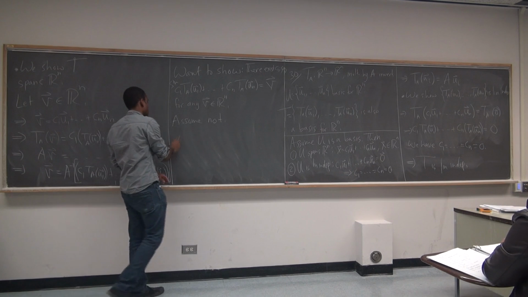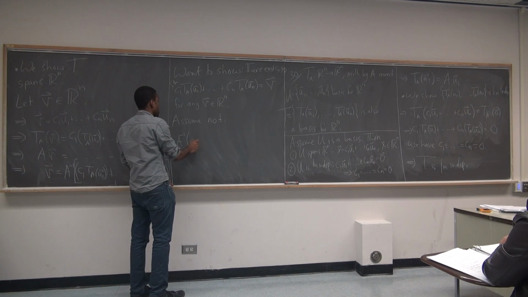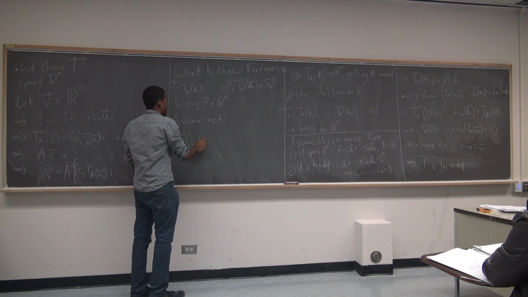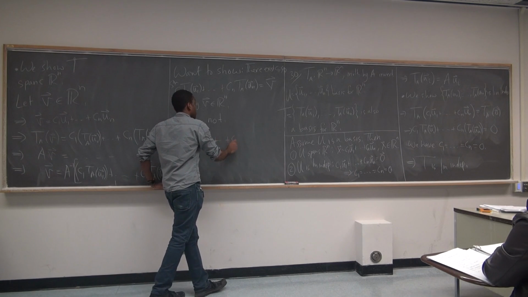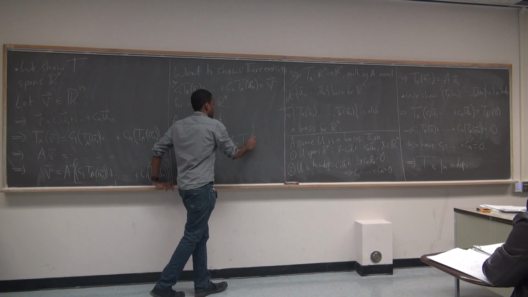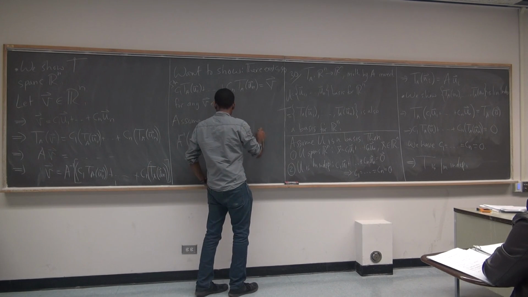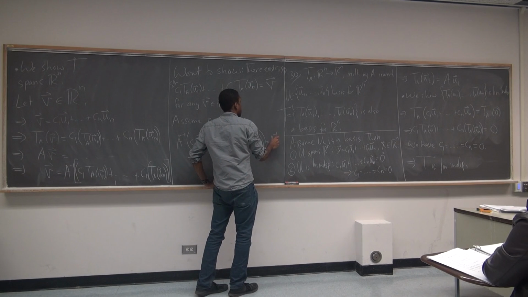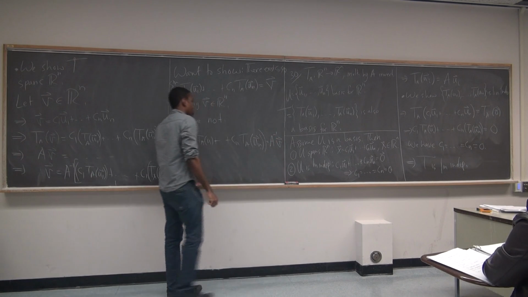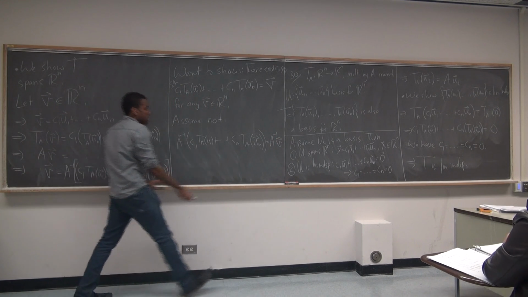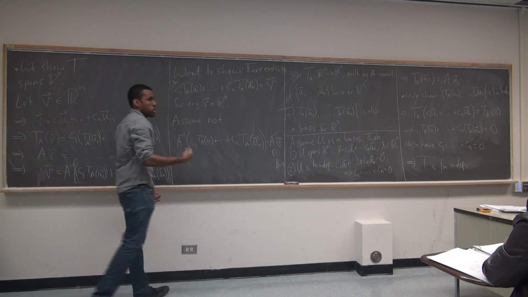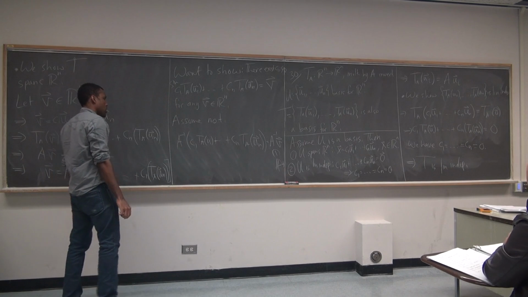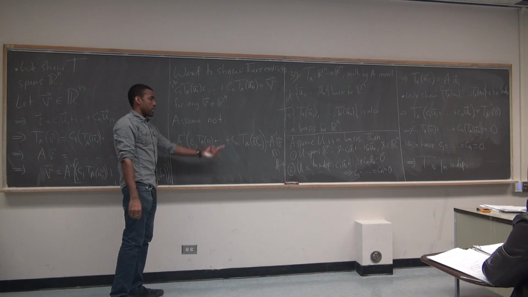Well, look at it this way. If I actually took A inverse of both sides of this equation, what would happen? This is an element in Rn, right? Because it's just a multiplication by a matrix, it's going to go to Rn. But what is this side?